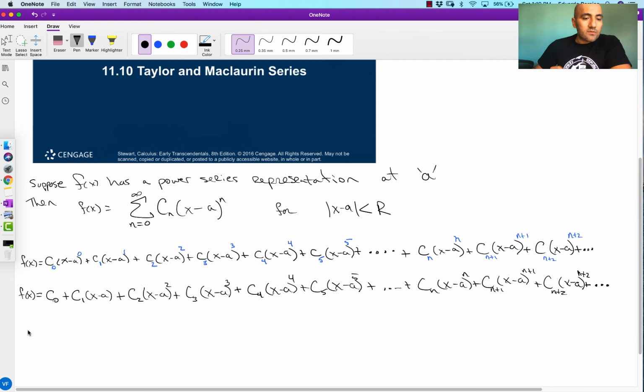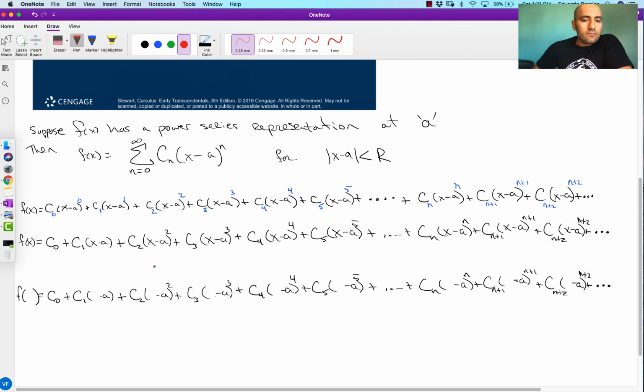So, for example, what I'm saying is this. If I just copied all of that and I left all the x's blank, now let's let x equal a, and so we replace all those x values with an a. A goes there, a goes there, a goes there, dot, dot, dot, all the way out to the nth term. A goes there, the one right next to it, a to the power of n plus 1, and then to the power of n plus 2, and so on for infinity.